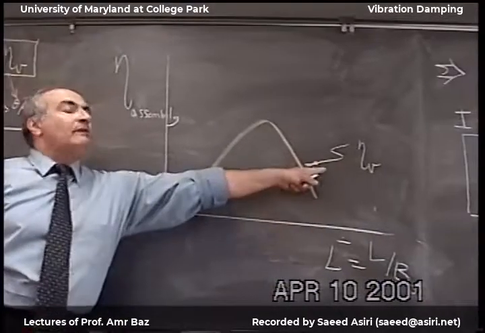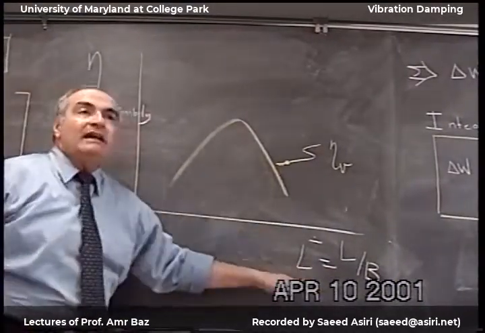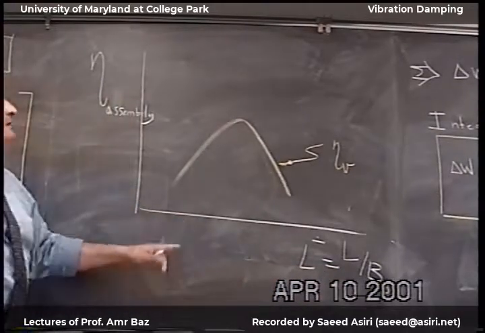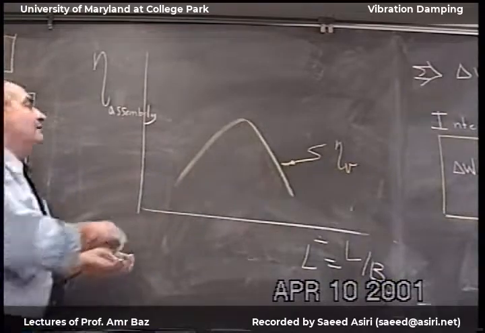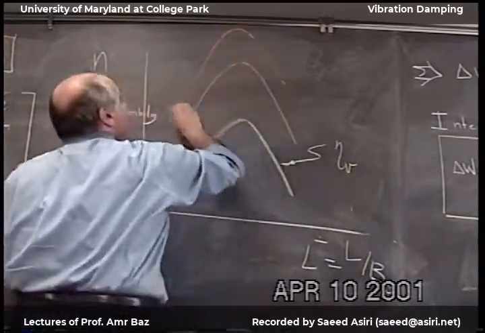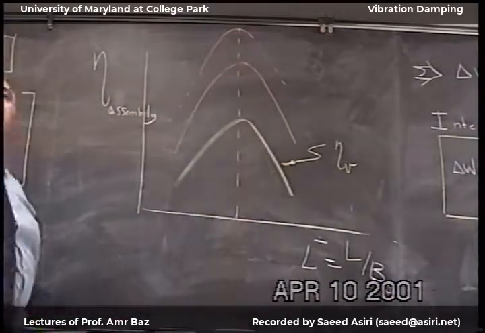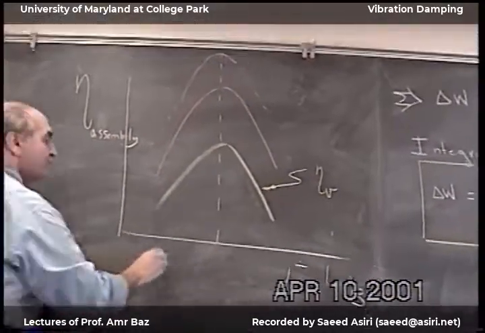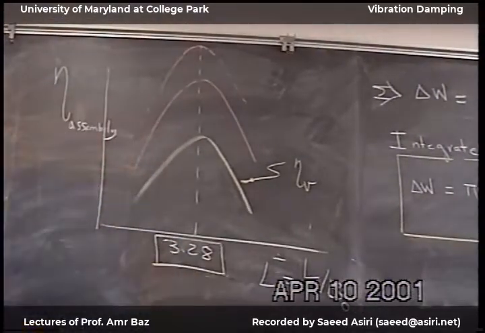So I'll put the material, so this will give me theta. I'll select any L over B0, so I can plot this characteristic. And now I vary the material, so we'll have something like this. All of them come here, and one universal number, which is 3.28.